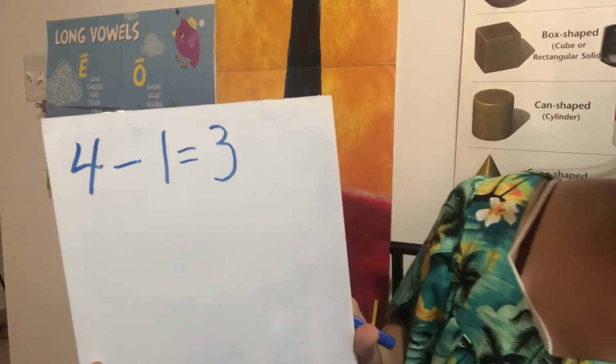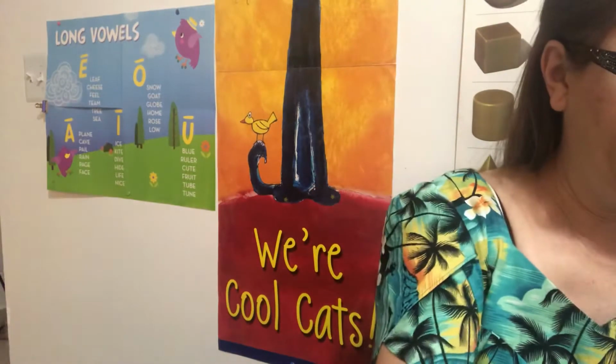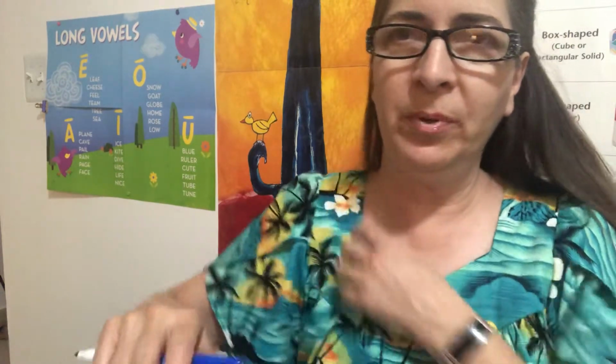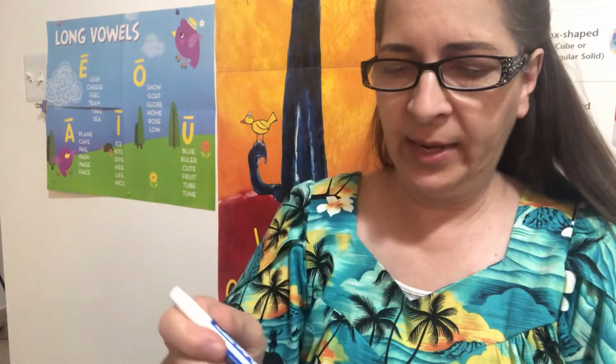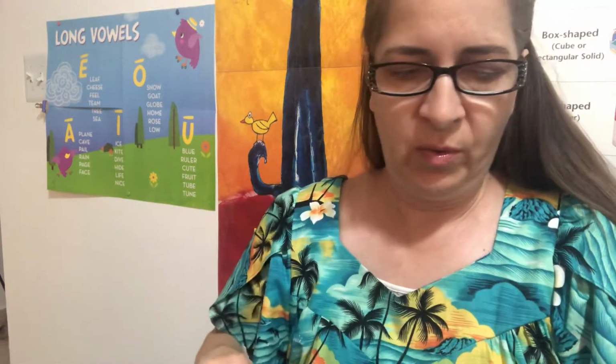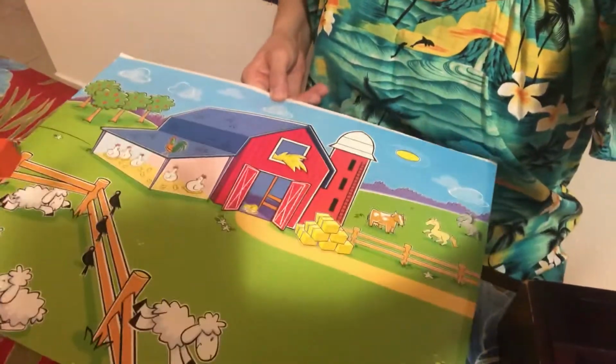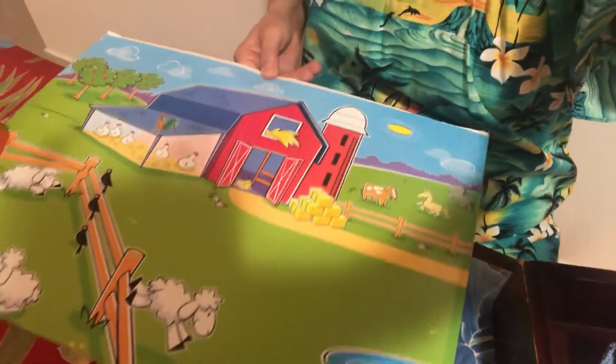Let's try another problem. If you have brought some make-believe sheep and a pad or a mat like mine, then you can do it along with me. That would be even better. Okay. There we go. I want to get a good view of this.